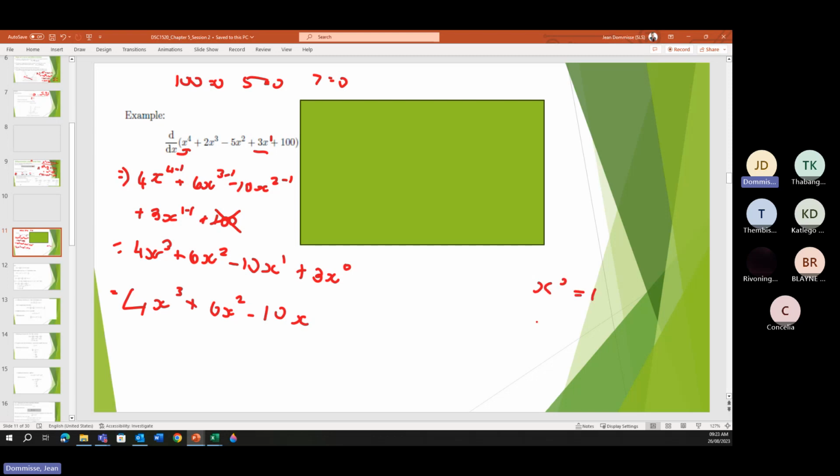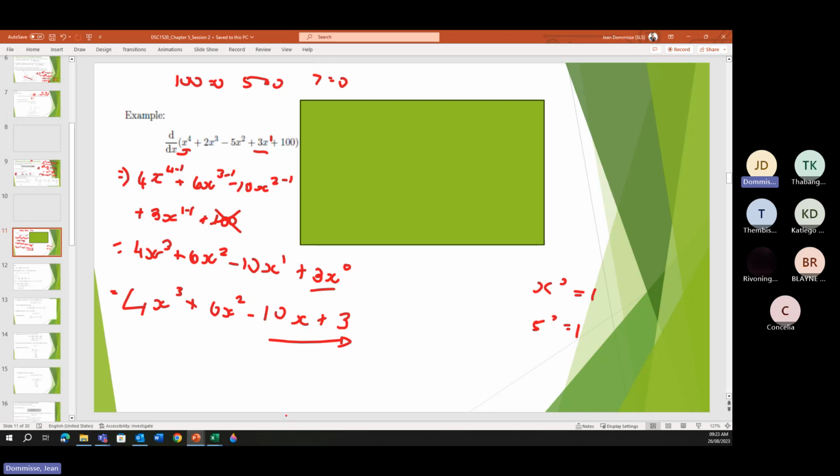Remember, even 5 to the power of 0 is equal to 1. So anything to the power of 0 is 1. So what we have in this one is 3 times 1, and we'll end up with just the constant of 3. Okay, so that is the first differentiation.